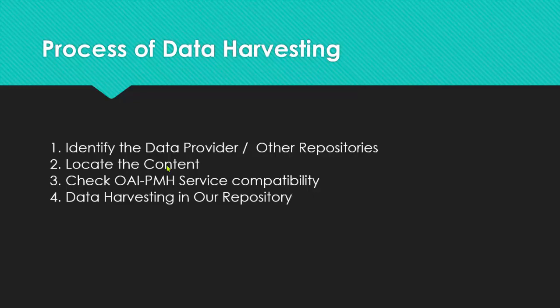Again, we have to check the OAI-PMH compatibility of that data provider, that institutional repository or digital library. Then we actually go for harvesting in our repository. These are the steps: first locate the content, then identify the data provider, then check the availability of the OAI-PMH service, and then go for the exact harvesting.